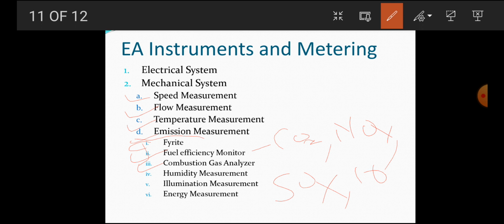Then next is humidity measurement. For measuring humidity, a psychrometer is a device which is used. It has two thermometers, one is a simple thermometer and the other is wrapped with a cloth cover.